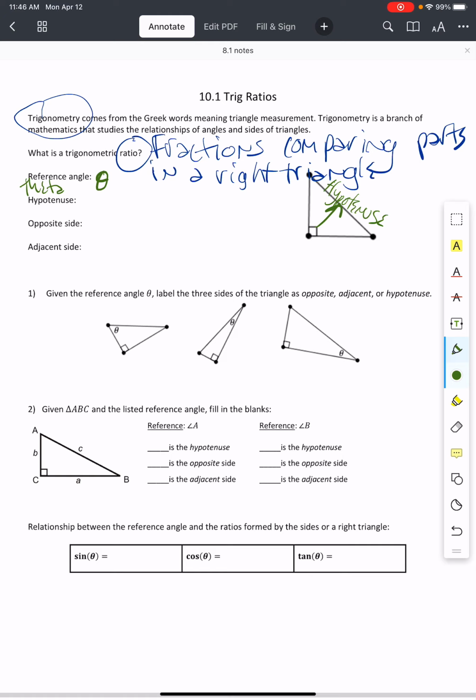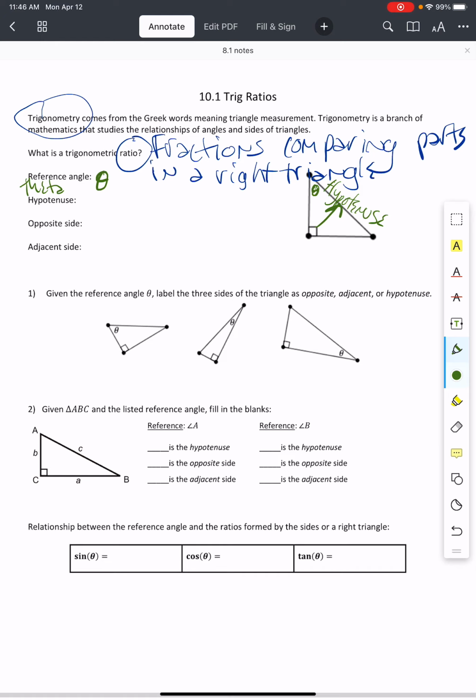So to figure out which of the side lengths is opposite or adjacent, I have to decide which of my angles I'm going to refer to. That's called our reference angle, okay? So if I were going to make this angle my theta, kind of like a circle with a line through it, then of the two side lengths I haven't labeled yet, one of them is adjacent or right next to theta, and one of them is opposite or across from theta.